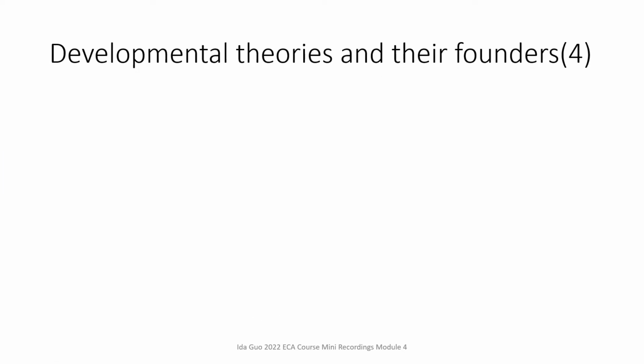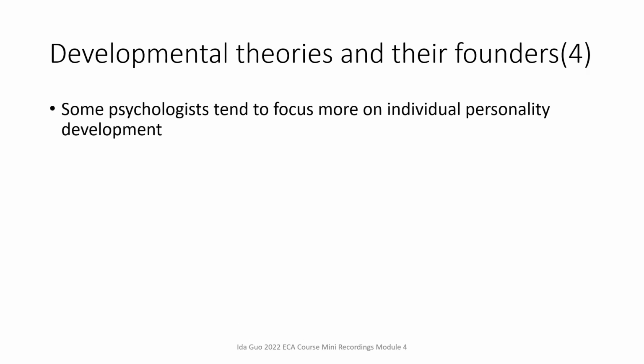Okay, going to the fourth type. Some psychologists tend to focus more on individual personality development. So who am I going to talk about? You already see the clue here. Psychoanalytical or psychosexual theory. Who developed this theory?